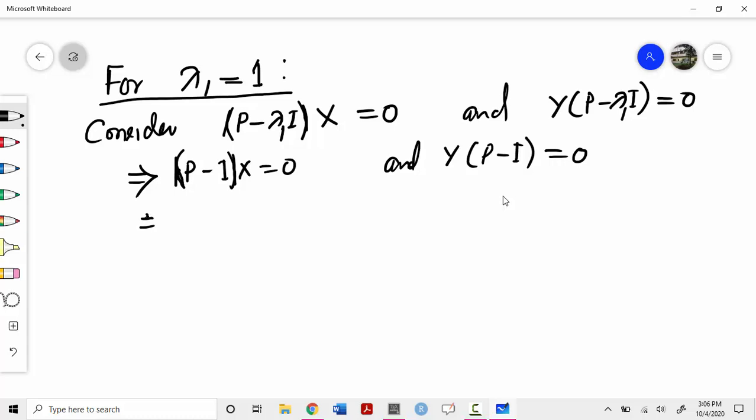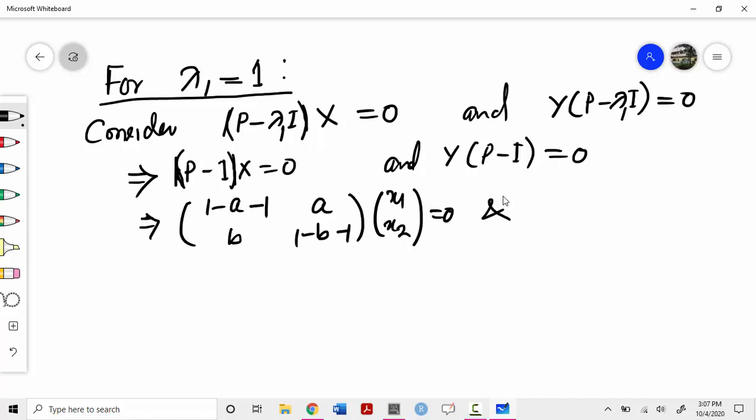Now this implies [1 minus a minus 1, a; b, 1 minus b minus 1] into [x1, x2] equal to 0 and [y1, y2] into [1 minus a minus 1, a; b, 1 minus b minus 1] equal to 0.